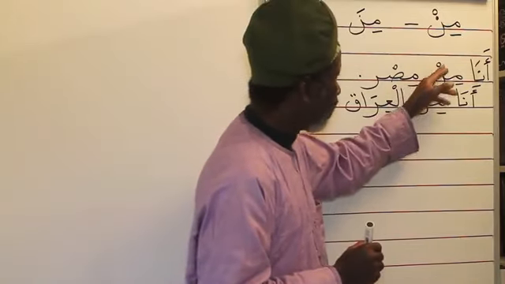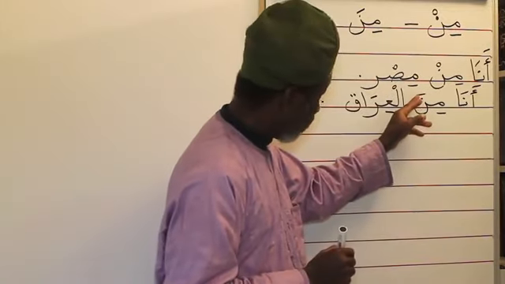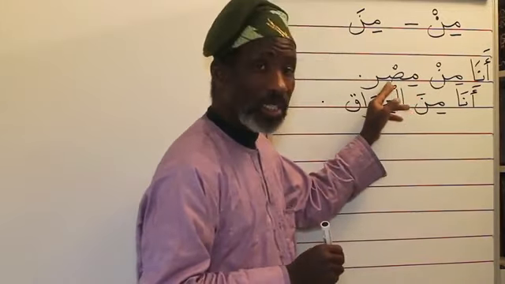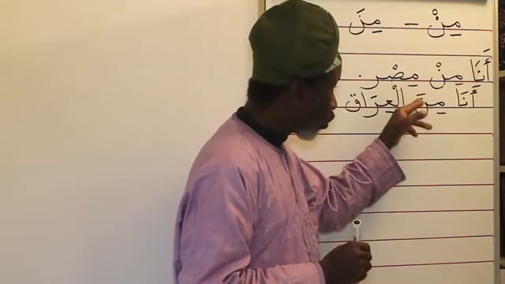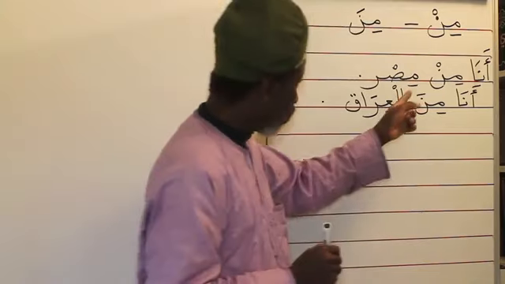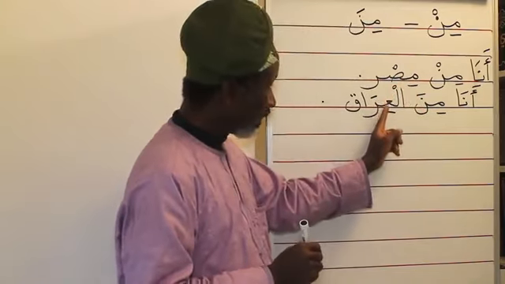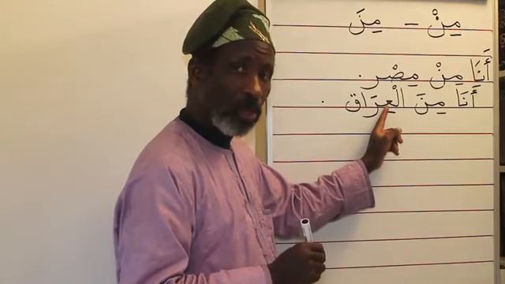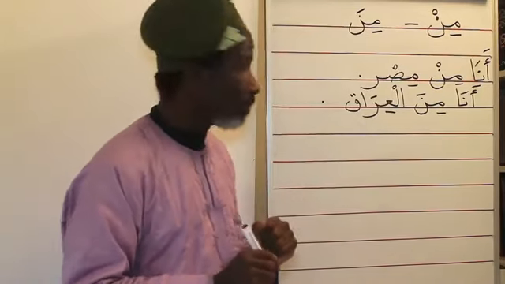Now we have min with sukun. Here there's no sukun. But if we put min here, there is a sukun here which needs a vowel. That's why the sukun on the noon has been changed to fatha, and that will be linked with this sukun. As you know, this is a moon letter, and the moon letter requires that we retain the sukun of al.